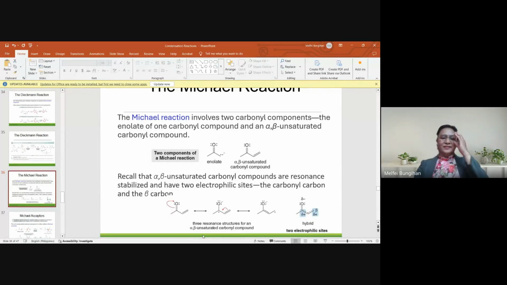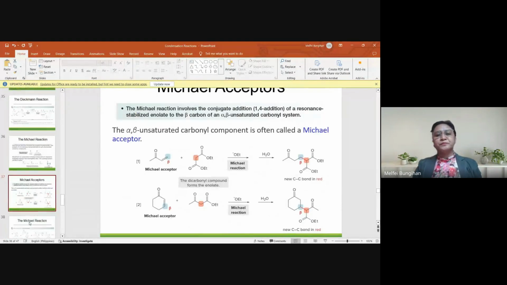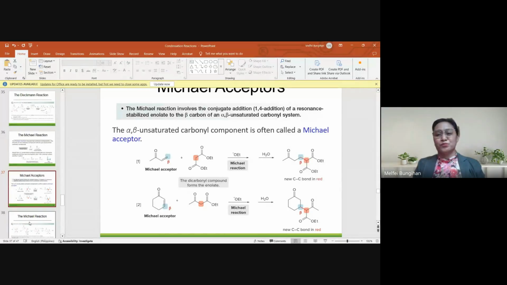So these resonance structures from your alpha beta unsaturated compound will give you these hybrid electrophilic sites that will be attacked by your enolate. So we have what we call the Michael acceptors. The alpha beta unsaturated carbonyl is called your Michael acceptor.